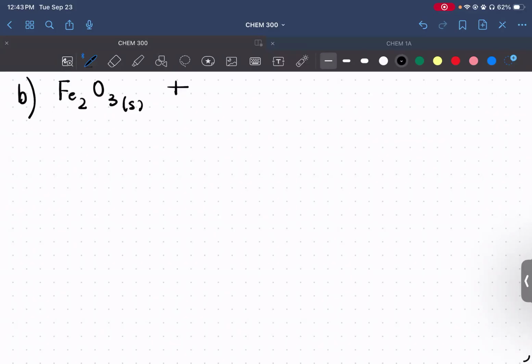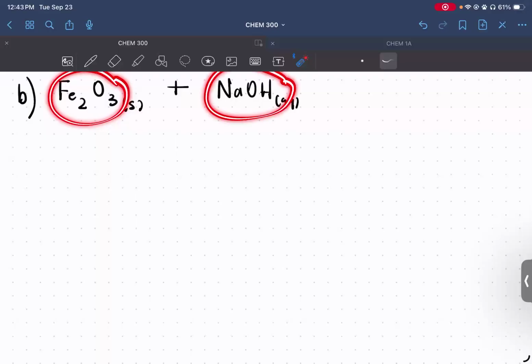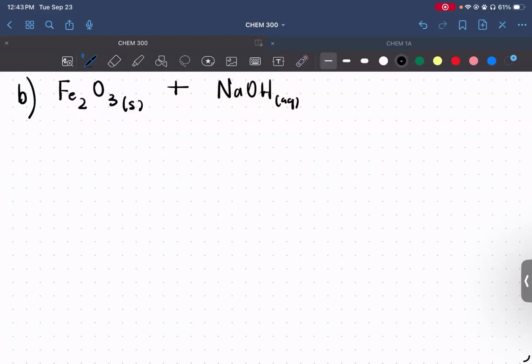Here we have the reaction between iron oxide as well as sodium hydroxide. You have the steps written down already. I'm not going to rewrite them. Step number 1 says identify the archetype.